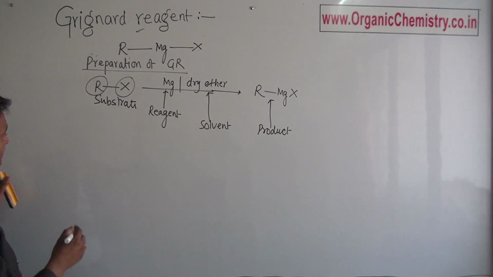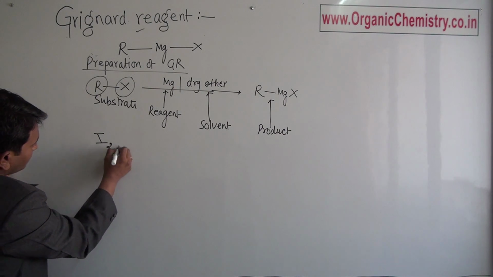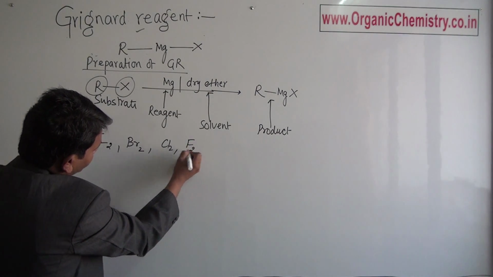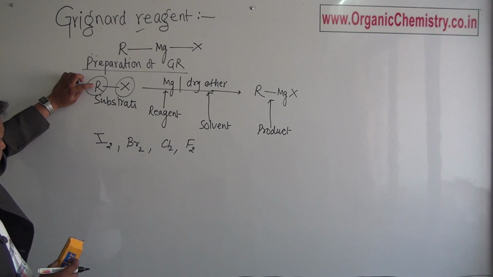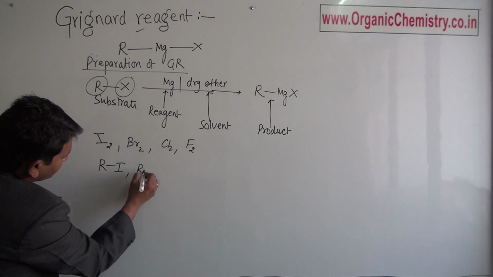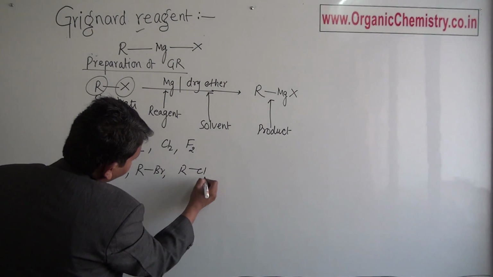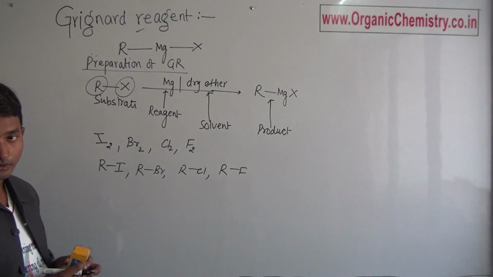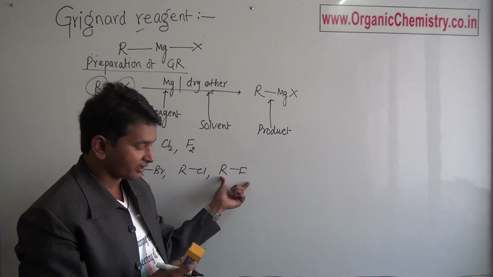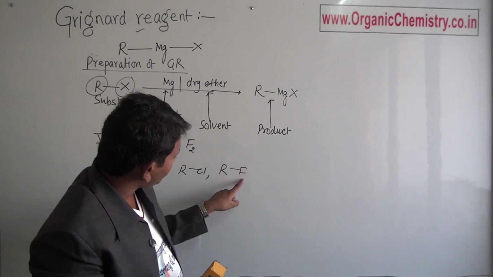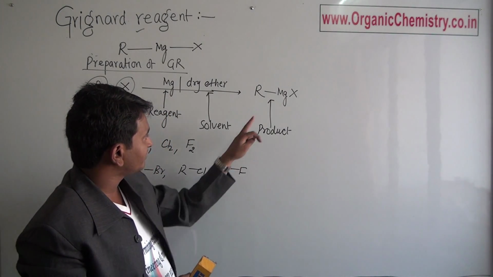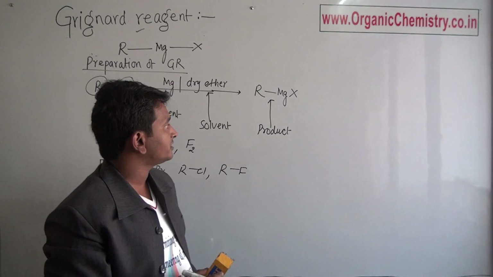Now come to the halogen part. This halogen may be iodine, bromine, chlorine, or fluorine. This R is attached to I, Br, Cl or F. But when we carefully analyze RI, RBr, RCl and RF, when F is placed here, then due to the large electronegativity difference between these parts, the electron cloud goes to that side.